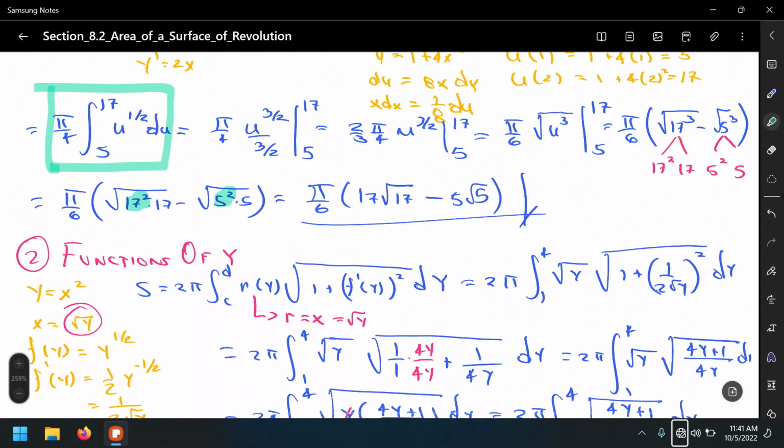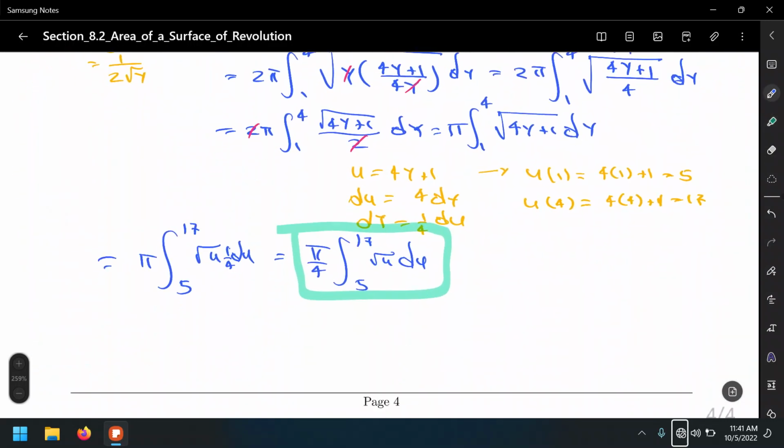So we don't need to do all the steps again, because what did we get in the end? Regardless of whether you use functions of x or functions of y, if you're rotating your region about the same axis, you should get the same result. And that's pi over 6 times 17 root of 17 minus 5 root of 5.